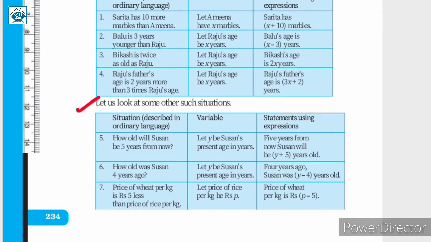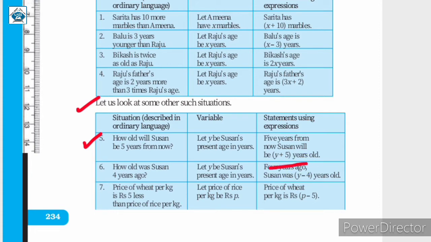Let us look at some other situations. How old will Susan be 5 years from now? So if we take Susan's present age to be Y, then 5 years from now, यानी कि 5 साल बाद, her age will be Y plus 5 years.